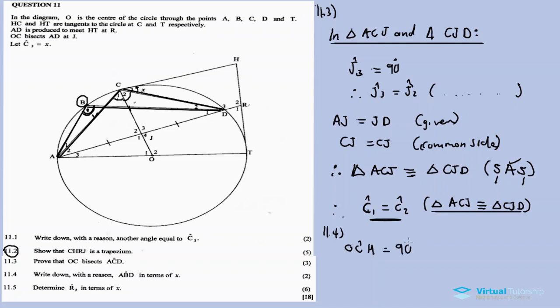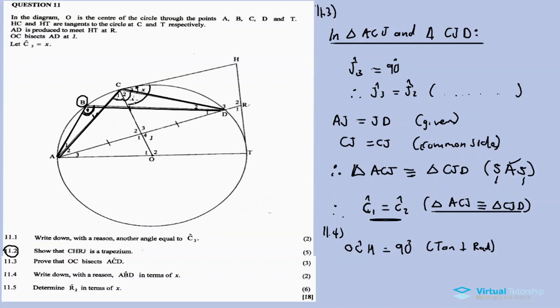We found that OCH is 90 degrees, because the tangent is perpendicular to the radius, right? So this whole angle is in fact 90 degrees, right?